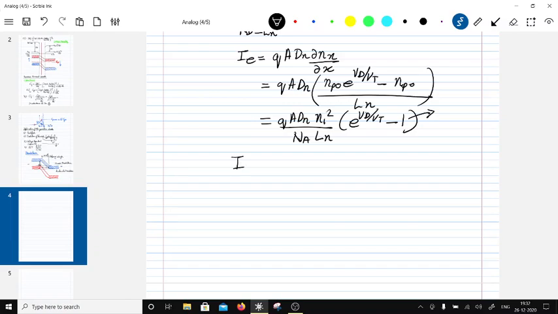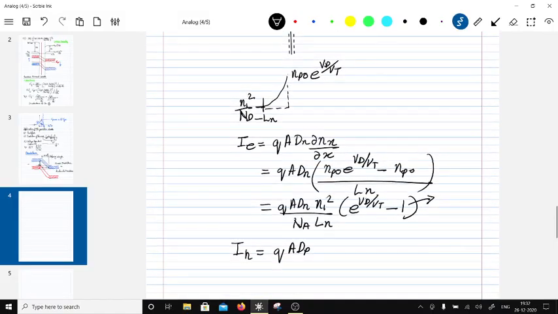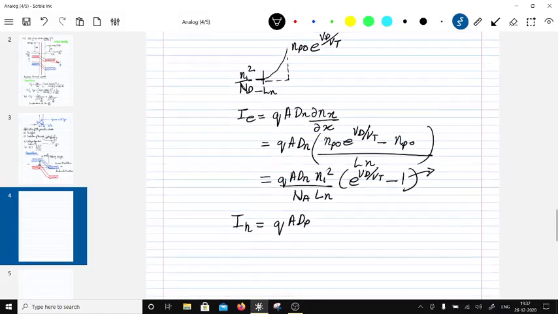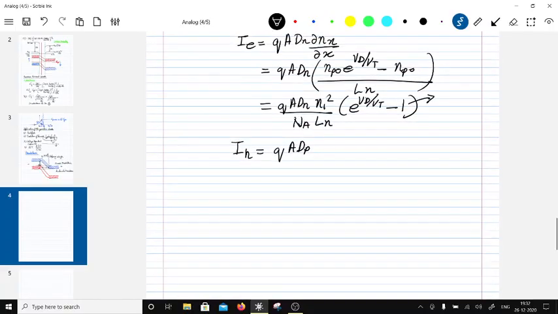So similarly you have got Ih is equal to QADP, dou p x by dou x, okay, so in that case PNO Ni square over Nd, okay, LP e raised to Vd over Vt minus 1.